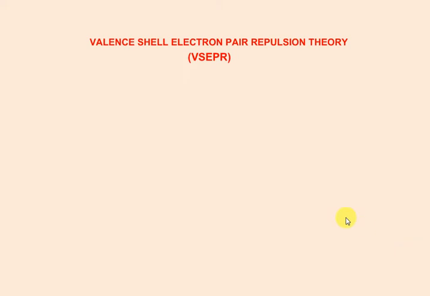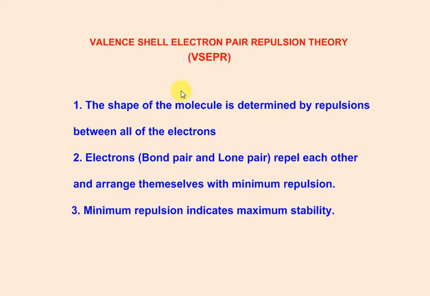Friends, to predict the hybridization and shape of molecules belonging to the p block elements, valence shell electron pair repulsion theory is used. By this theory, one can predict the hybridization and shape of the molecule. According to this theory, the shape of the molecule is determined by repulsions between all the electrons.